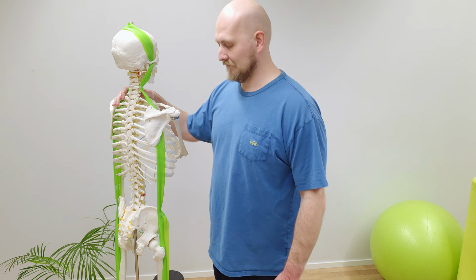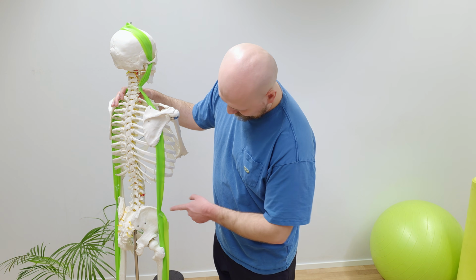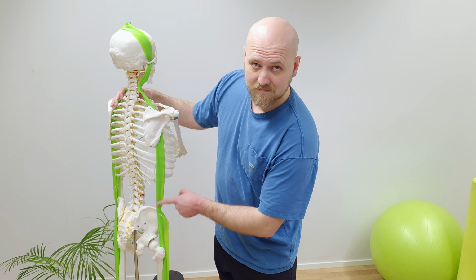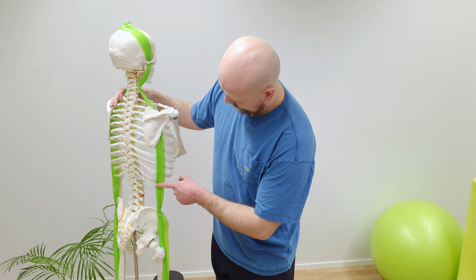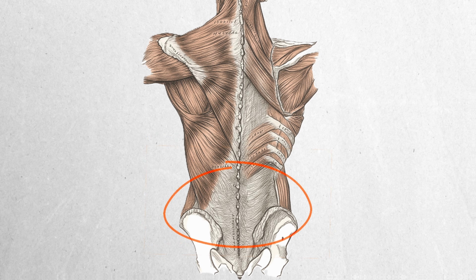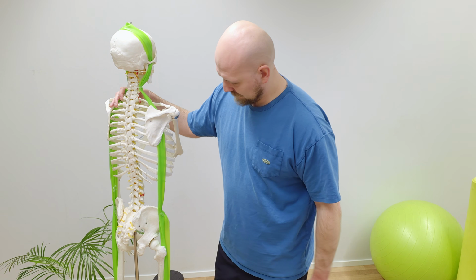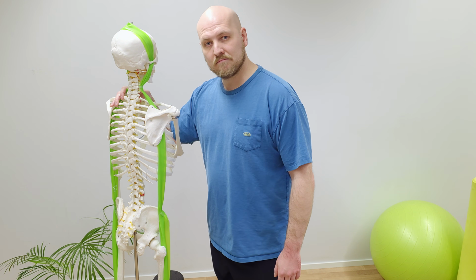The first place that we are going to release is located in the infamous area of the QL, or quadratus lumborum, located here. So there's the QL muscle. There's also the thoracolumbar fascia that can be affected by the tension of this lateral part of your sides.